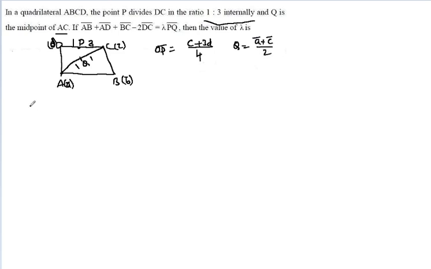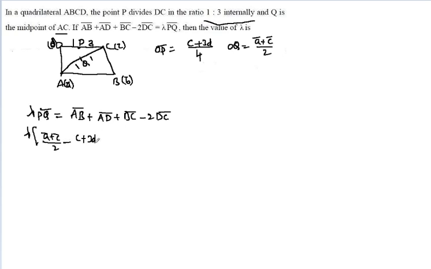Here it is given lambda into PQ bar is equal to AB bar plus AD bar plus BC bar minus 2 DC bar. PQ bar means OQ bar minus OP bar, that is (A bar plus C bar) by 2 minus (C bar plus 3D bar) by 4. That is equal to AB bar, that is B bar minus A bar, AD bar, that is D bar minus A bar.